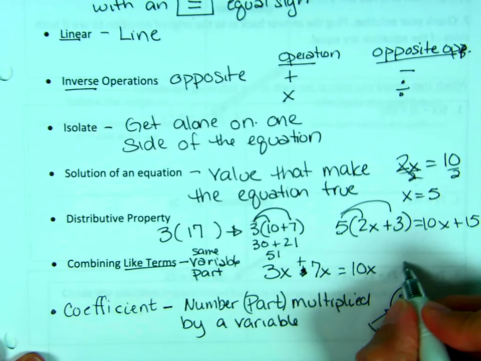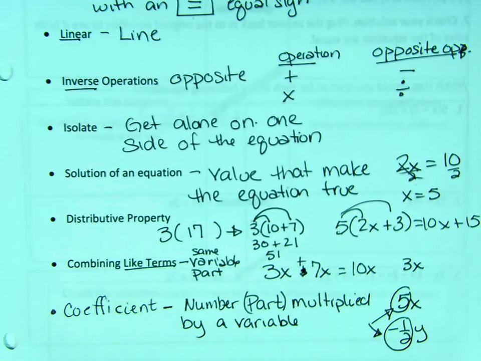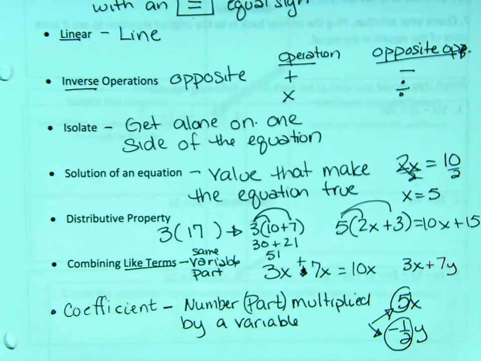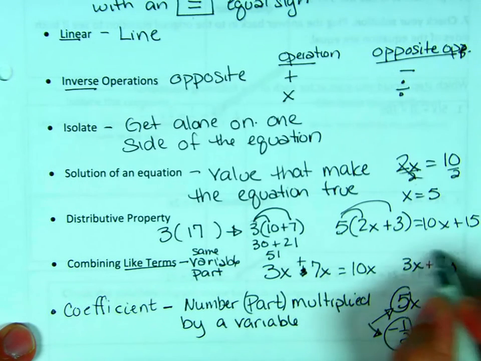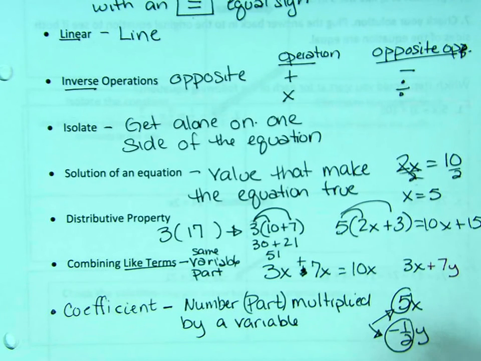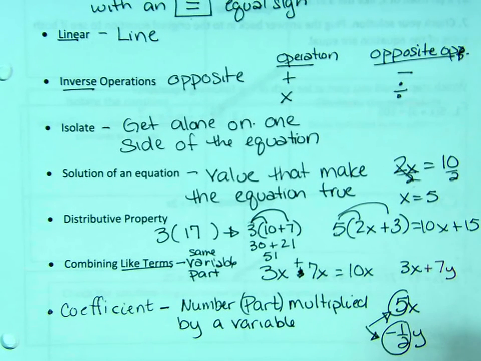But if I say 3x plus 7y, those are not like terms, so that would be the answer. So you have to remember, when you combine like terms, that it's sometimes not possible because there aren't any like terms. So we want to make sure you remember what like terms are.